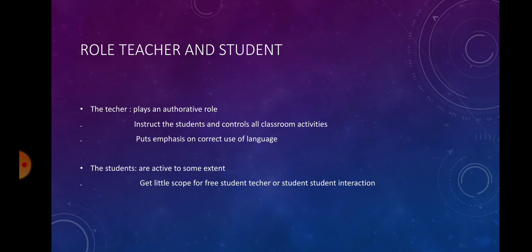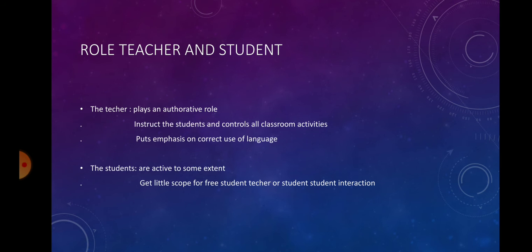The teacher will instruct the students, tell them what to do and what not to do, and control all the classroom activities. And obviously, the teacher puts emphasis on correct use of language.